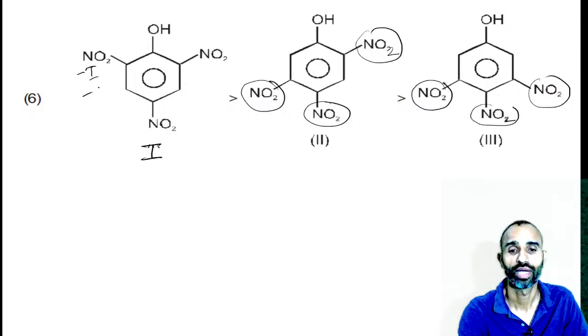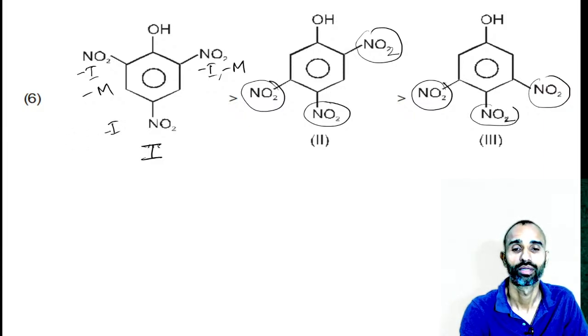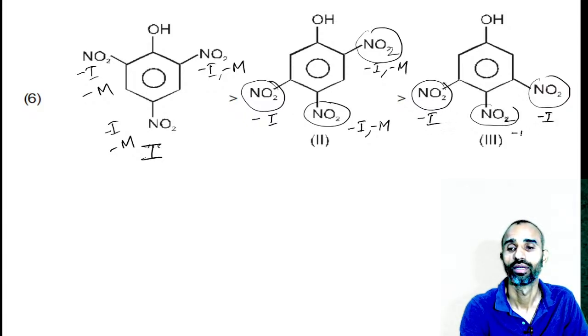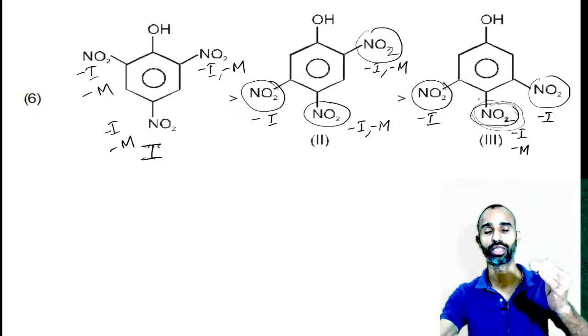Here there is minus I minus M, minus I minus M, minus I minus M. But in this case again minus I minus M, minus I minus M. In this case it is only minus I. Here it is only minus I, but again there is somewhat SIR effect because this NO2 goes out of plane due to the presence of these bulkier groups.